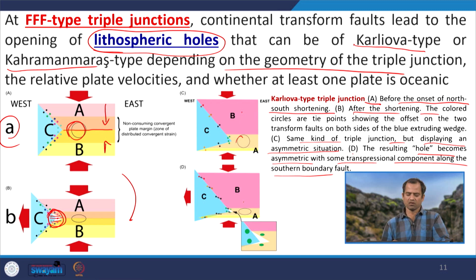Now, we are compressing it. Once we compress it, some transform component is there, some transpressional component is there. So, in both cases we are compressing between A and B, but the nature of the deformation here and here is different. That is why there are two types of lithospheric transform fault; this is one type and that type has been described.